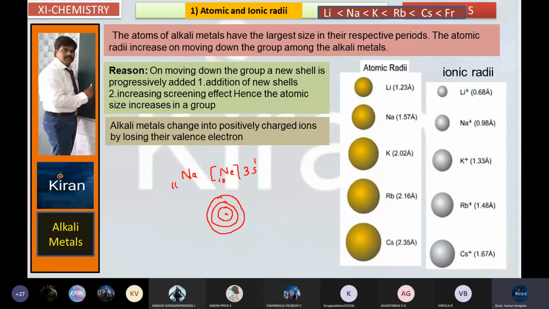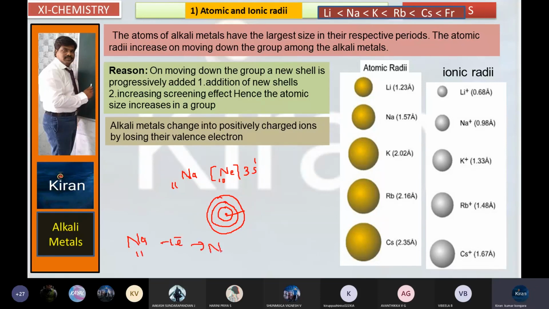Atomic radius means the distance between the center of the nucleus and the outermost shell. When I remove this one electron from sodium, atomic number 11, the electron count changes to only 10.